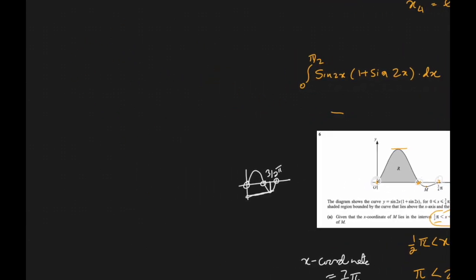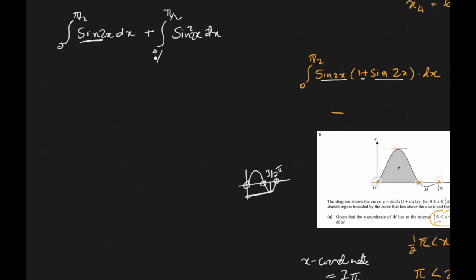Sine 2x multiplied by 1, so my first part becomes the integral from 0 to pi by 2 of sine 2x dx, plus the integral from 0 to pi by 2 of sine 2x multiplied with sine 2x, which becomes sine square 2x dx. I can integrate this one easily, so I will not focus on it. I will carry out this one, and once I've done this, I will look at the first one.